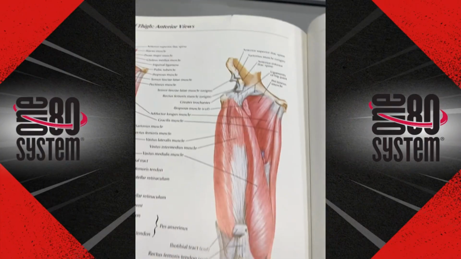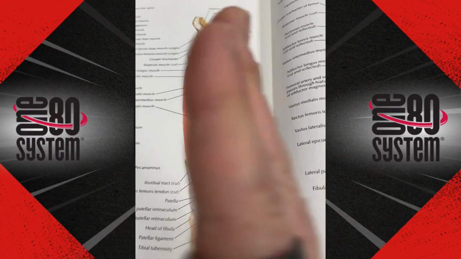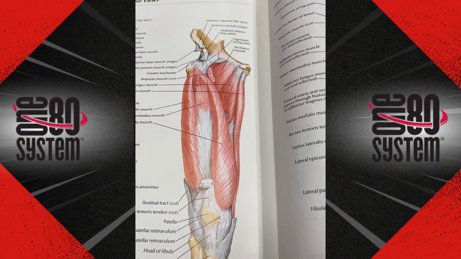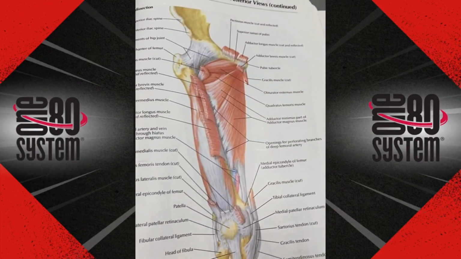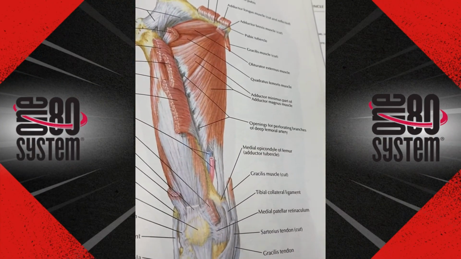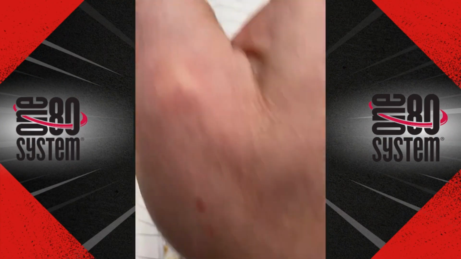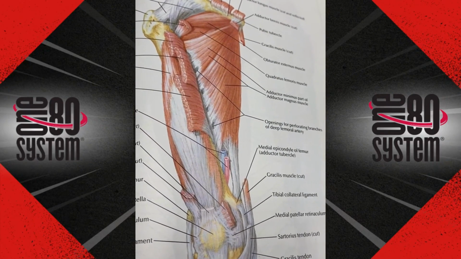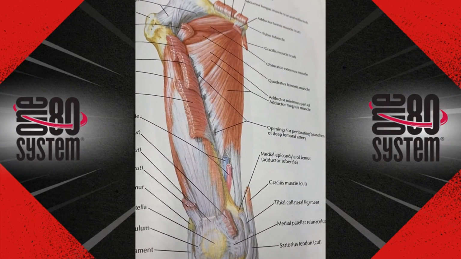From the name, you would think the adductor magnus does nothing but adduct your thigh to your midline. Well, here's adductor magnus, and wow, look at how that pennation is at an angle. Wouldn't that mean it's got a transverse plane responsibility in its function?